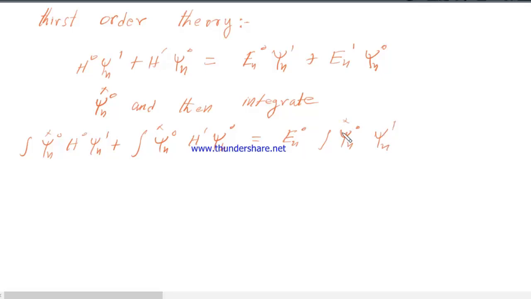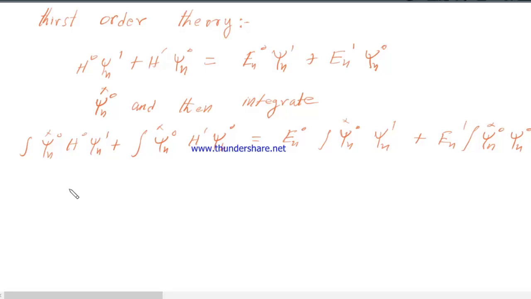This E n0 is constant, so it is outside the integral, plus E n1 times the integral of psi n0 star psi n0. Okay.